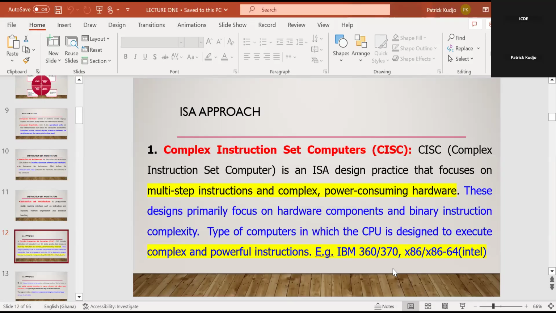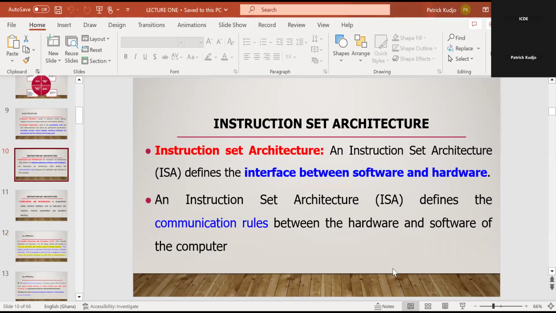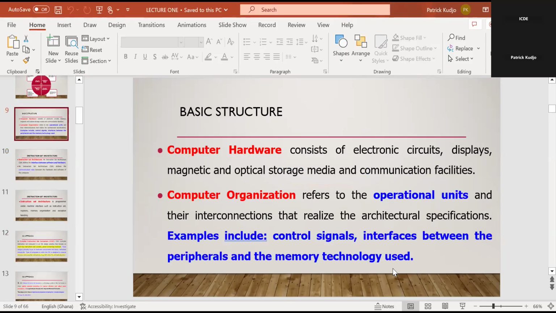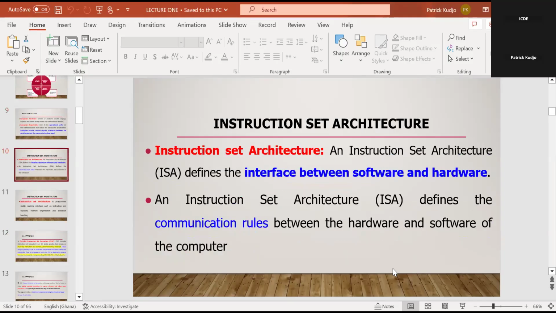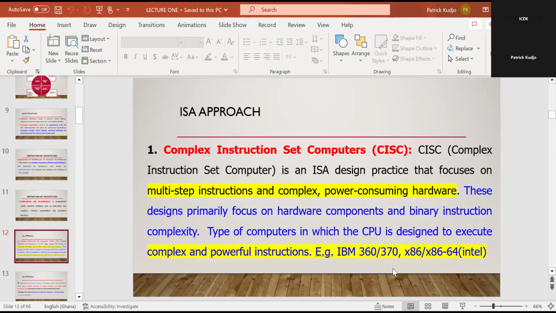And remember, when we're defining, it said: define the interface between the instruction set, the communication rules between the hardware and software. Let's look at this, the complex instruction set.